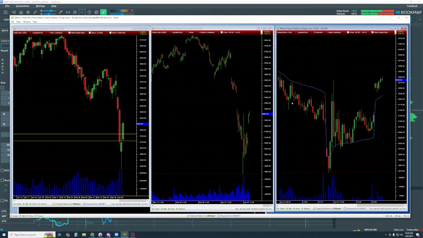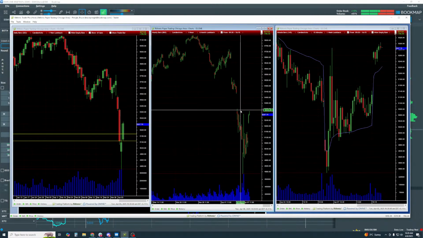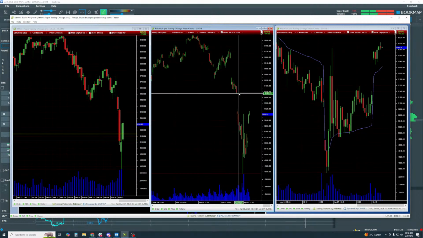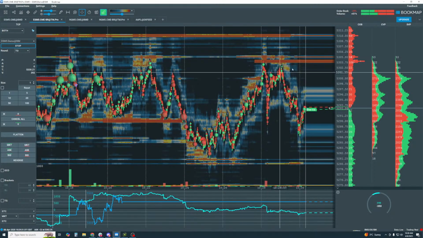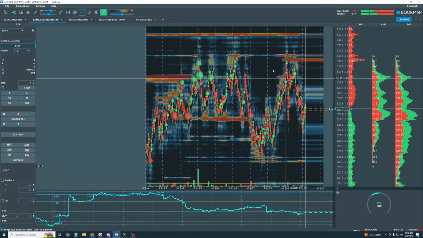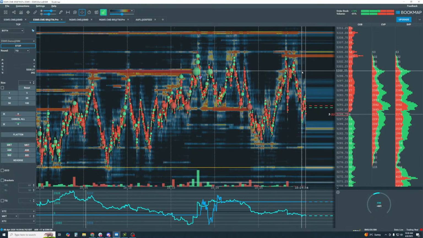Are we going to continue to see strength here, and then maybe come up into the gap from that big gap down on Friday? I don't know. I don't see anything too clear right now.